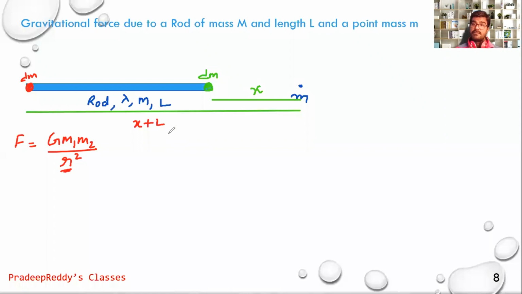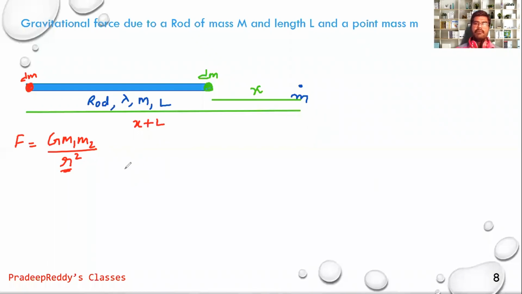Of course, you could put the mass of the rod in place of m1 and the point mass in place of m2. But what about r? You cannot take r as constant because it varies from x length to x plus L length. Therefore, to calculate gravitational force for extended masses, you cannot directly use the relation.